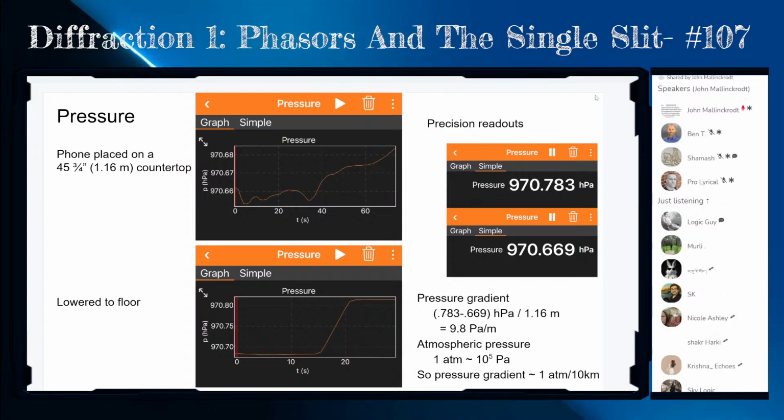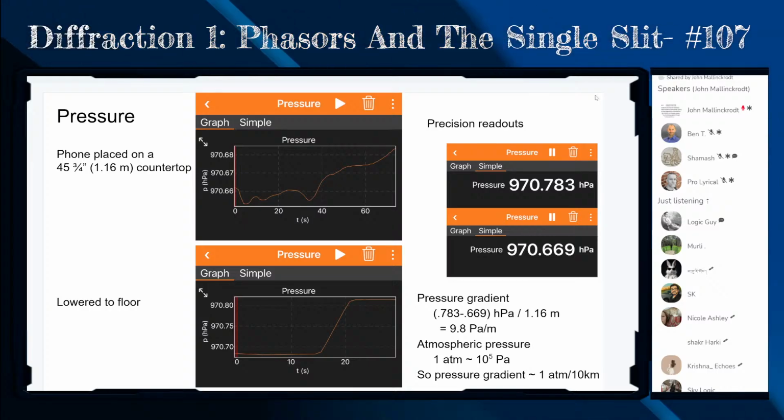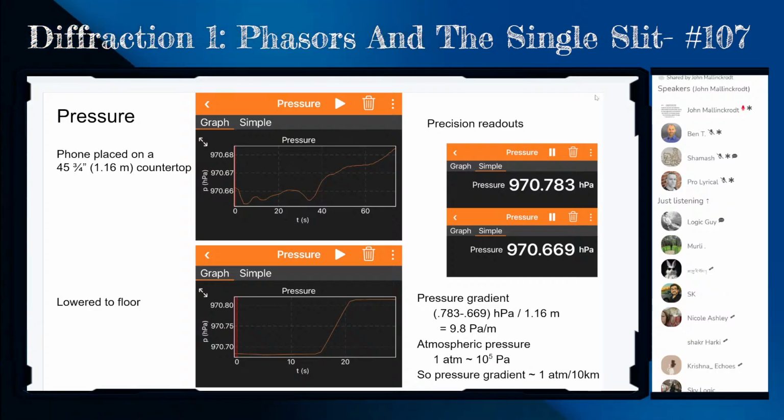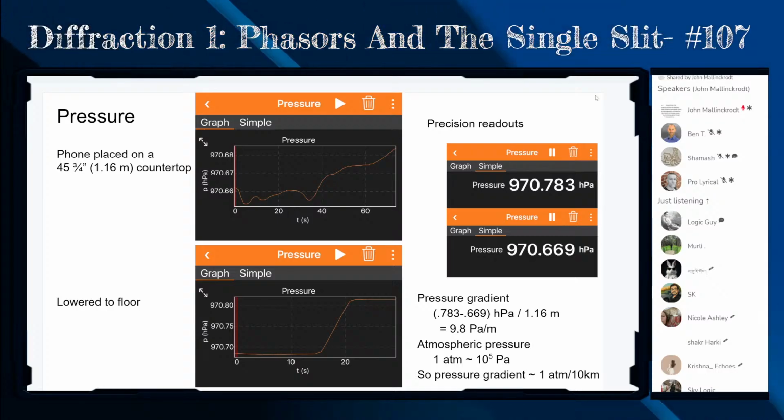I was getting little fluctuations there. But you can see very clearly when I lowered it to the floor that the pressure definitely jumped by a little more than a tenth of a hectopascal. Sorry, I think I was saying Pascal before. A clear jump associated with the phone being lowered to the floor.